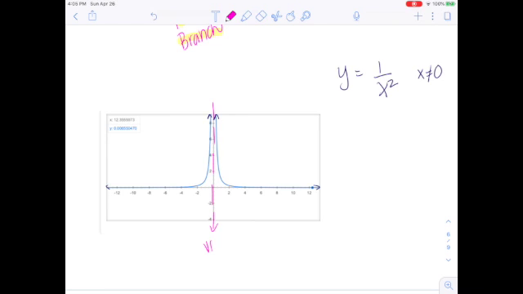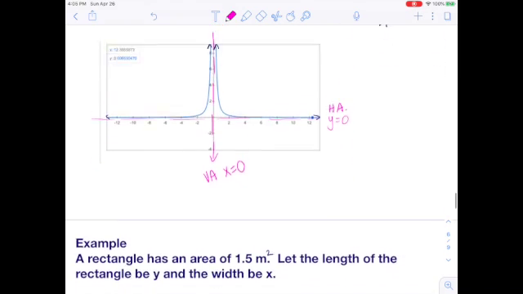So your function is not defined when x is equal to 0. So vertical asymptote, x is equal to 0. And you also have a horizontal asymptote along this x-axis, or y is equal to 0 for your horizontal asymptote. All right, and you get 2 branches.